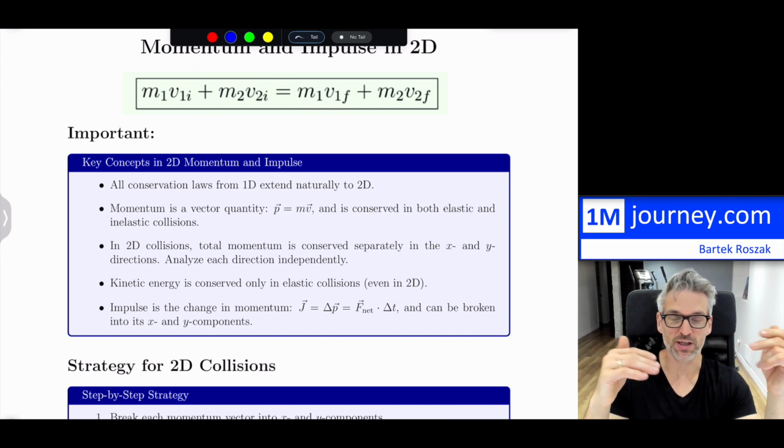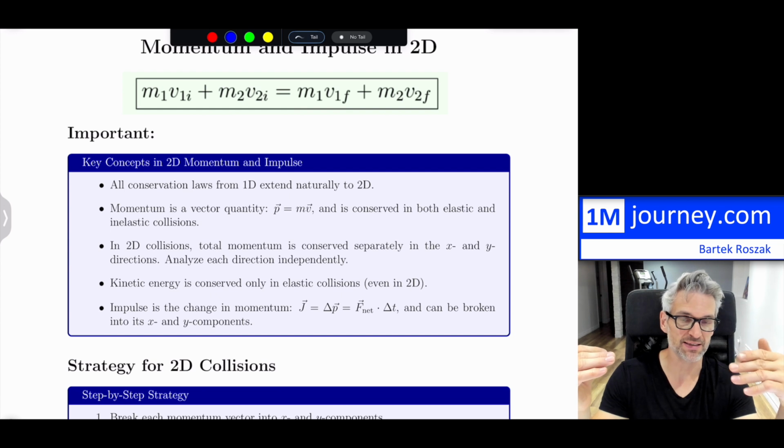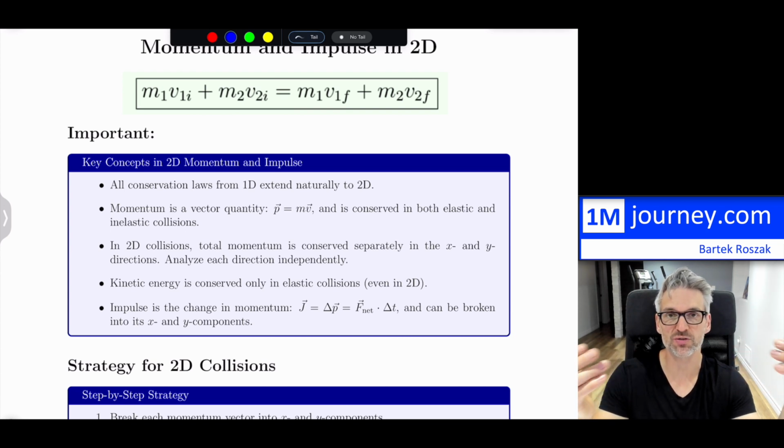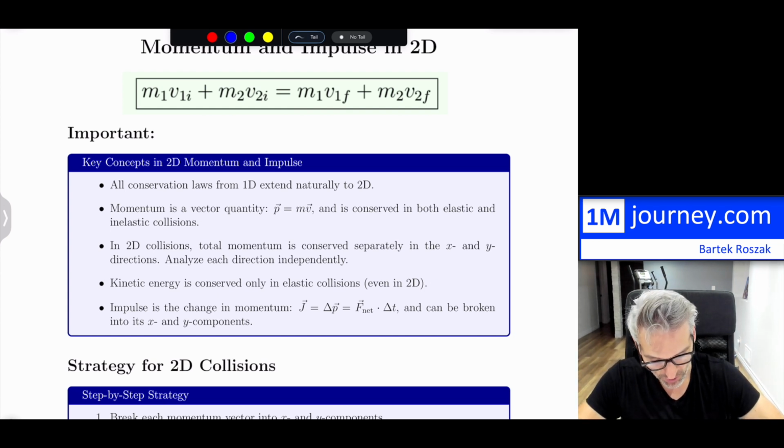And of course, if they're going in various directions, you're going to need to calculate both for the first object and the second object. And then after the collision, you're going to do the same exact thing. So you obviously can't substitute a vector into the kinetic energy. You need to substitute a scalar, and that scalar will just be the magnitude of the actual velocity. All right, so just keep that in mind right here.